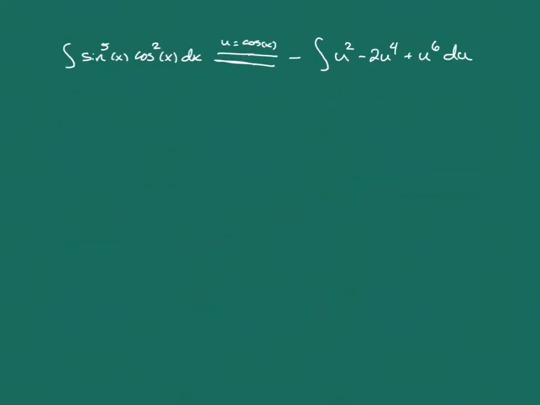All right, so now to kind of bring us back to where we were, we started off with our integral of sine to the fifth times cosine squared. We did a u substitution on that one, which enabled us to transform this integral into this polynomial of minus the integral of u squared minus 2u to the fourth plus u to the sixth.